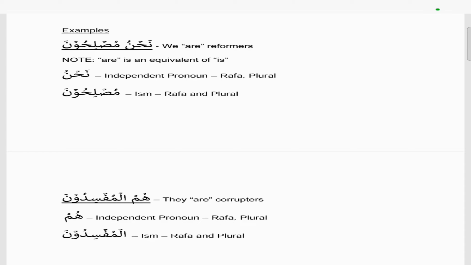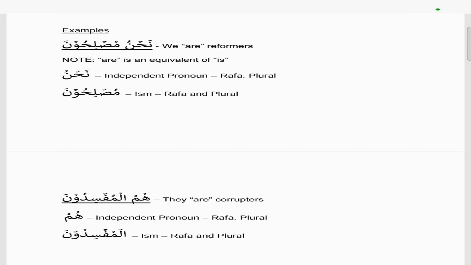So nahnu is the independent pronoun, which means we. It's rafa and it's plural, because remember, independent pronouns are always rafa. And then muslihuna is an ism, and again it's rafa, because if you look at the ending combination, it's the wa and the noon, which is the masculine rafa version, and it's plural as well because of the ending combination, the wa and the noon.